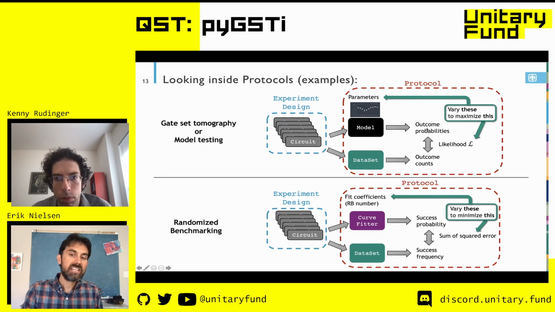If I compare the predictions to the actual outcomes I've observed, I can compare them using a likelihood function. And if I maximize that likelihood function by tweaking these parameters up here, I obtain the best fit model. And so that's what's going on inside of this protocol.